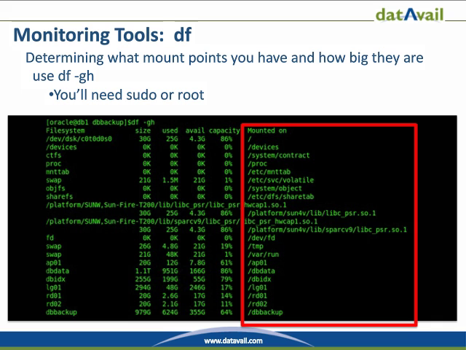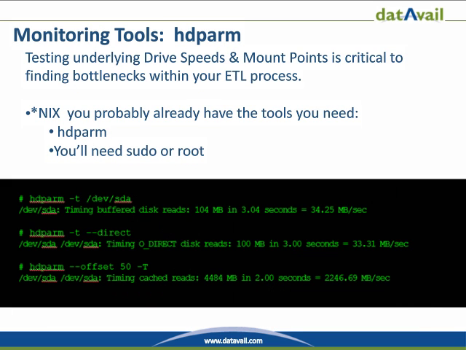The slowness might appear to be IO related on the particular server I'm on, but it might actually be that the mount point lives on some type of SAN device on another server across the network, right? So we've got to pay attention to those things and root out these problems and understand how everything's configured.